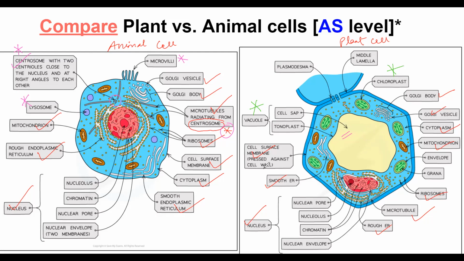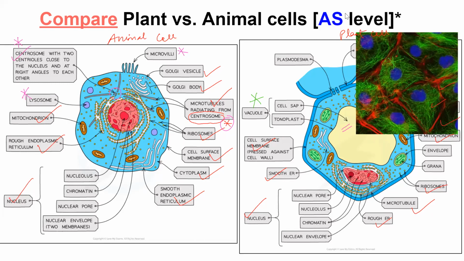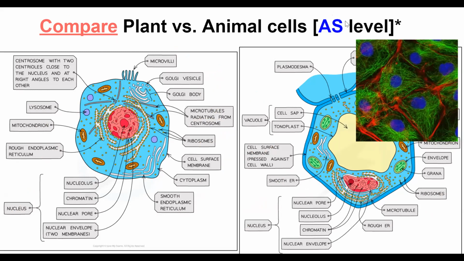Now, again, a quick look at one or two features that you need to remember, which are unique to plant cells. Here they are. In this diagram, you are looking at an electron micrograph image of plant cells, and these green fiber-like, thread-like structures forming a mesh are the cytoskeletal framework.